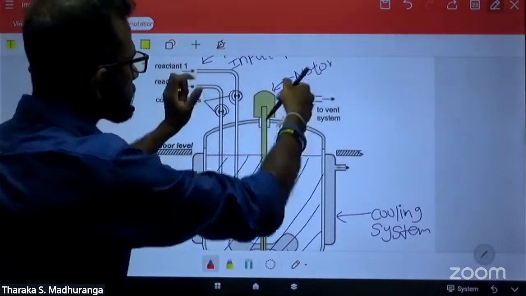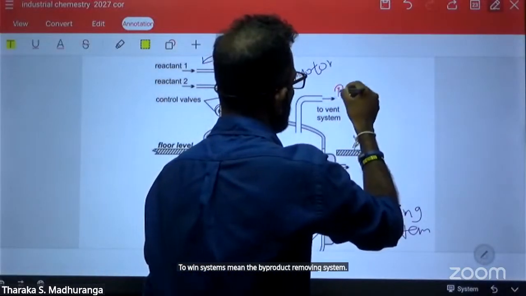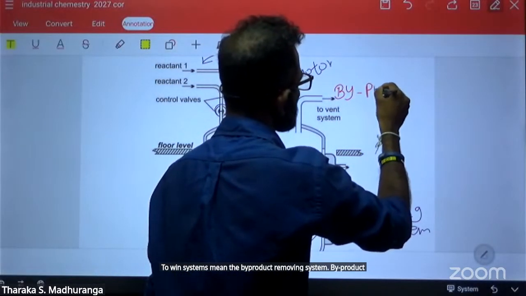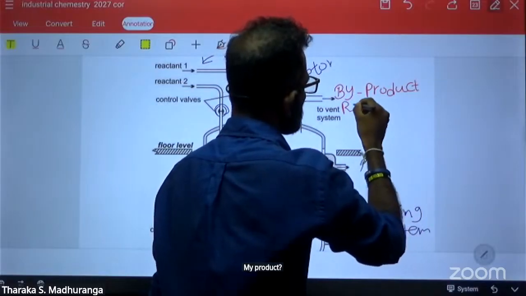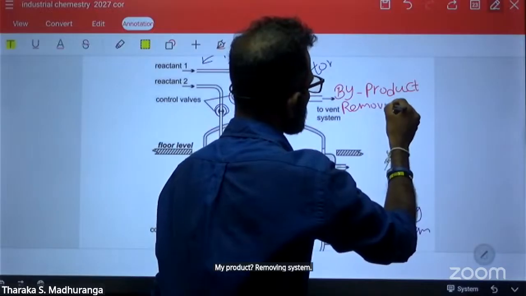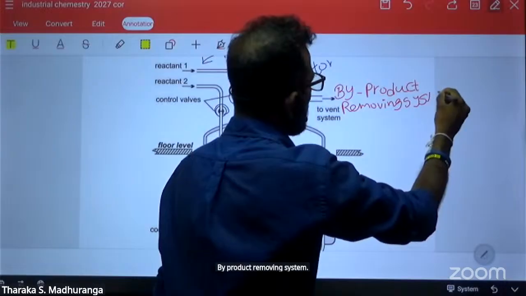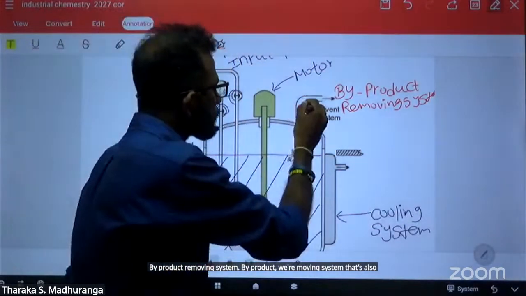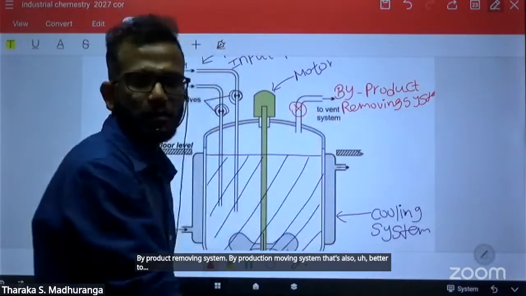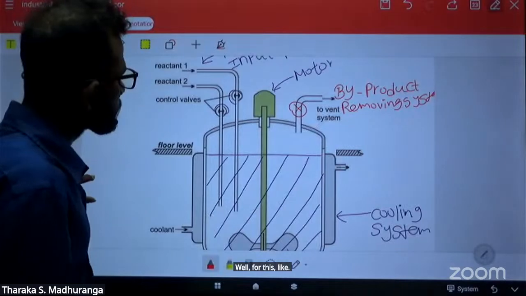The vent system means the byproduct removing system. It's also better to add a valve here, better to add a valve for this pipe also.